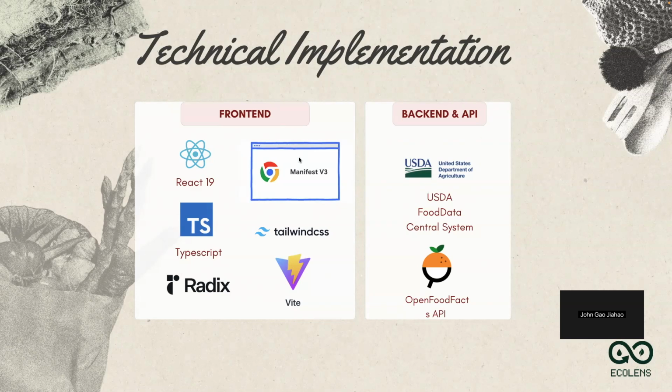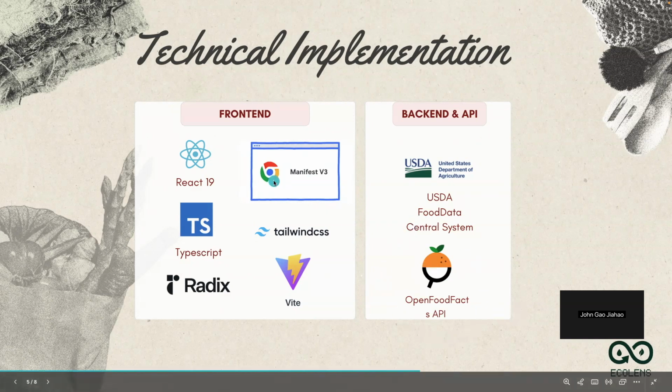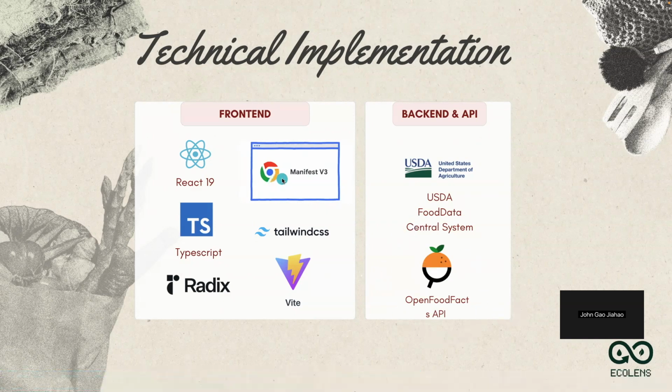For the back end, we are running a FastAPI Python server that is using the Open Food Facts API, and it uses the USDA FoodData Central system to determine whether the product is a valid food product.